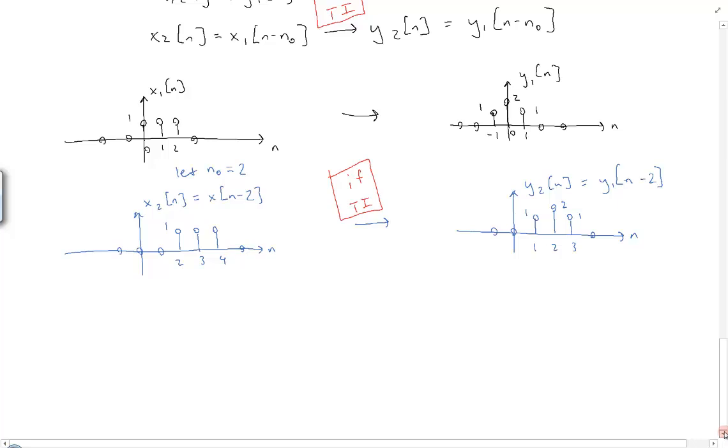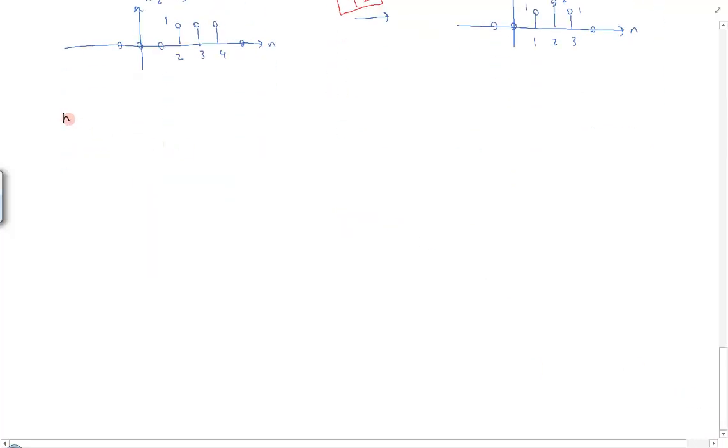Now, let's look at it as before, mathematically. We'll analyze the same system as we did before. Y of n is equal to the accumulator, so the sum from negative infinity up to n of x of k. And we're going to create a signal x1.